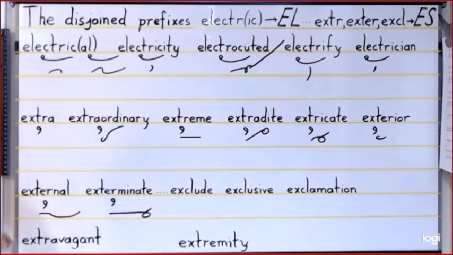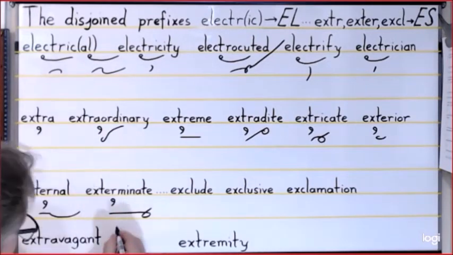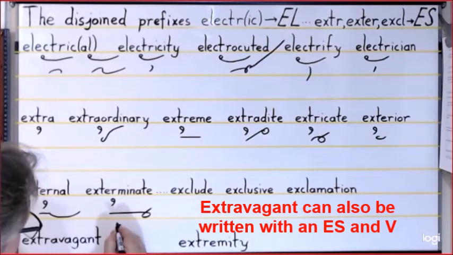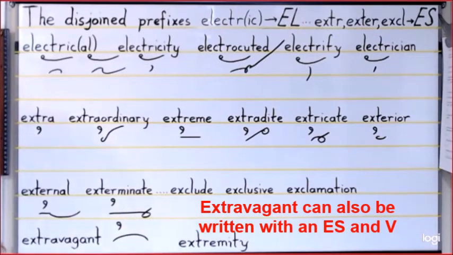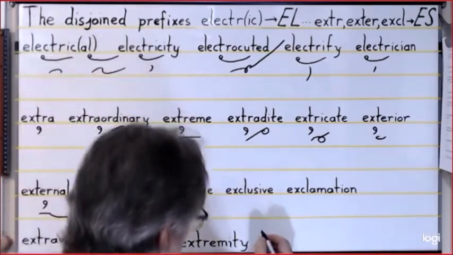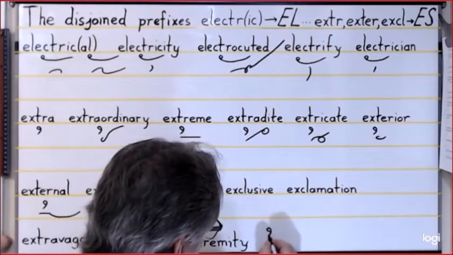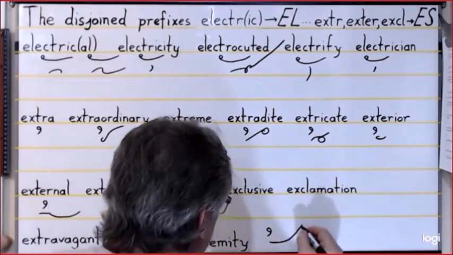For extravagant, it is simply ES and then a G. Extremity is ES and then the MD stroke.